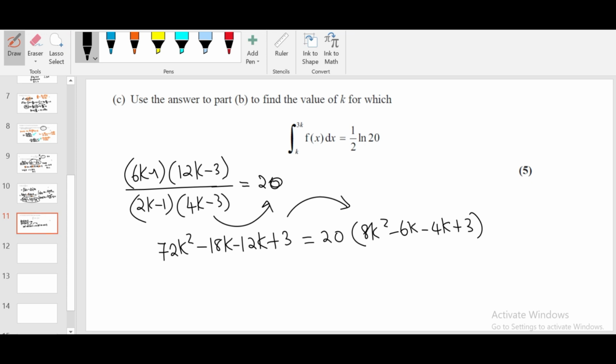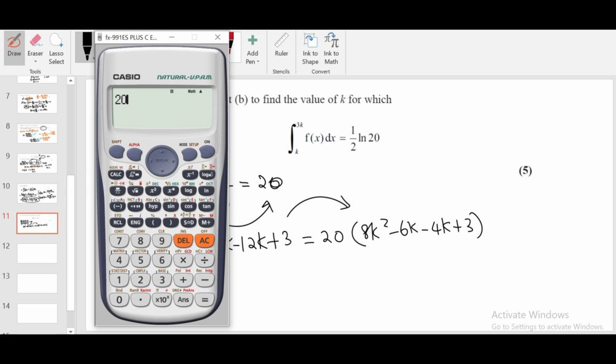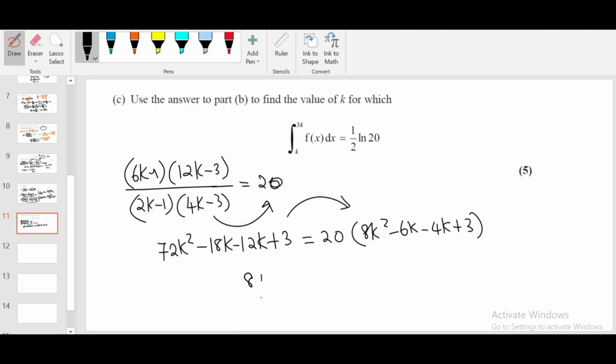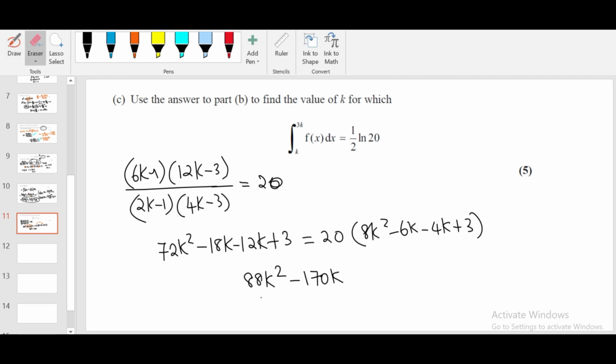So you will get 20 times 8 minus 72, which is 88k square, and 20 times minus 10k is minus 200k, and you have here minus 30k. So you will get minus 200 plus 30, which is minus 170k. And then we have 60 here, the 3 comes across, 60 minus 3 is 57, is equal to 0.